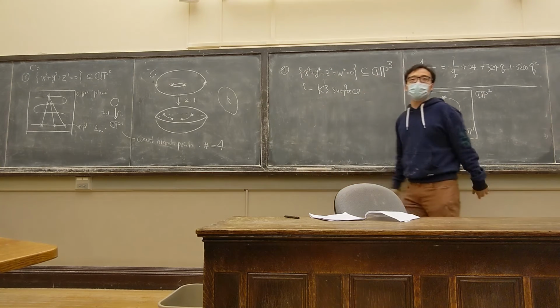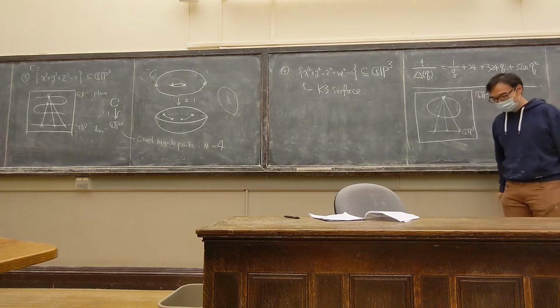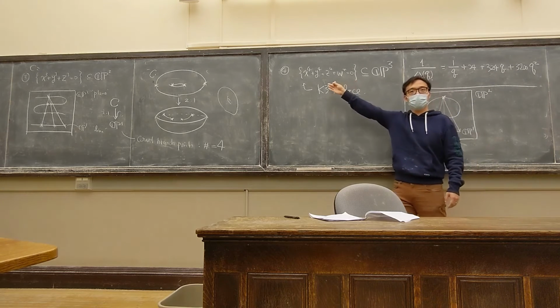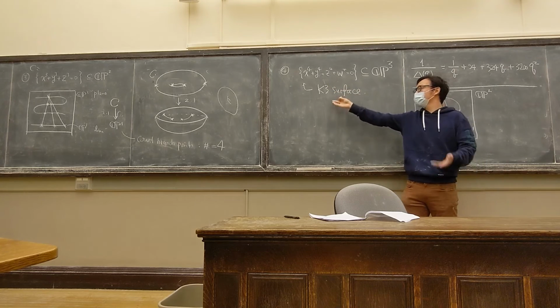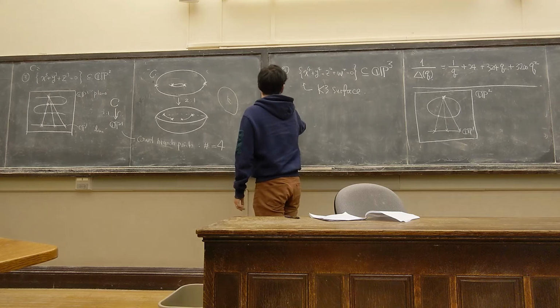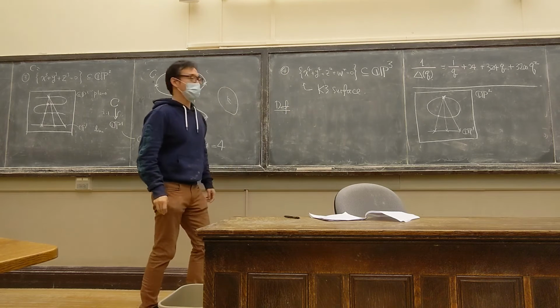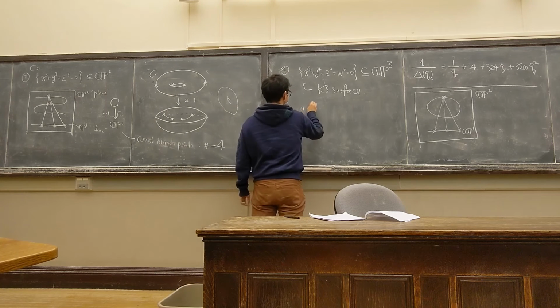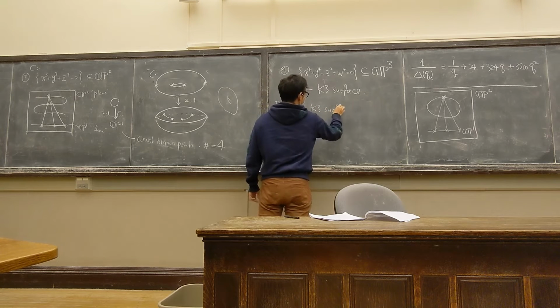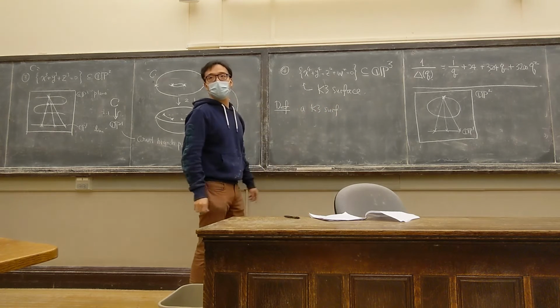Okay, so this is the first takeaway of this talk. So if you're asked what is a K3 surface, well, you just write down the Fermat quartic, the degree 4 equation, then this is a K3 surface. And definition. A K3 surface is something which looks like this.